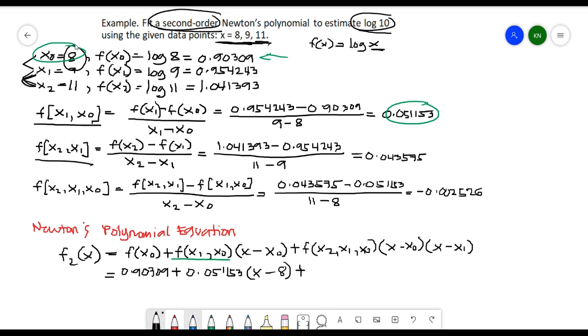Plus the second divided difference, which becomes minus 0.002526, multiplied by x minus x sub 0, which is 8, and x minus x sub 1, which is 9.